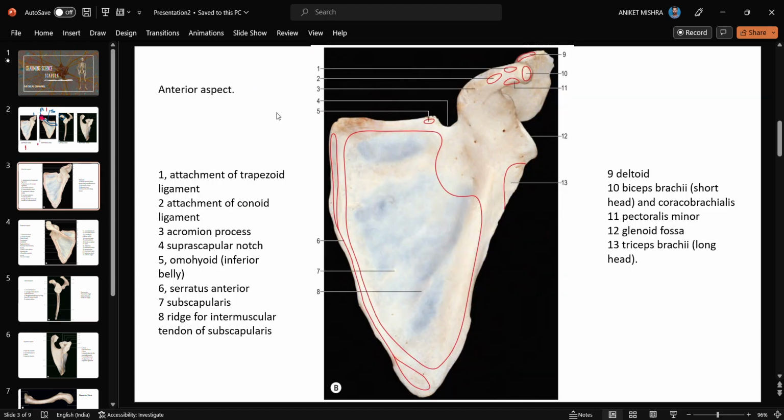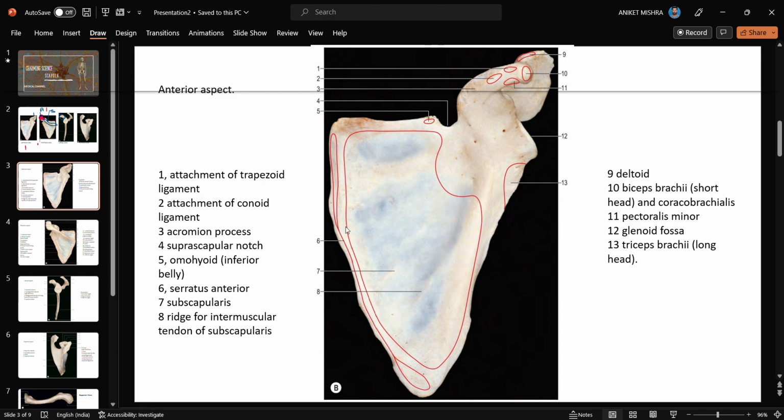scapula. So first of all, we will see the landmarks that are present on the scapula. Then we are going to talk about which muscles attach to the scapula. When we start, we will see the general landmarks on the anterior aspect, or the costal surface.